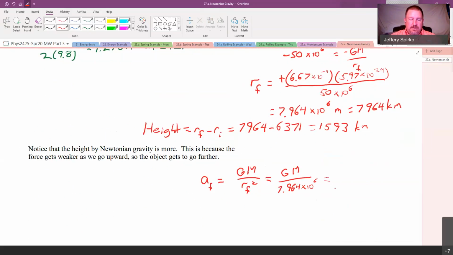So now I can do 6.67 times 10 to the minus 11th times 5.97 times 10 to the 24th divided by answer squared equals 6.28.